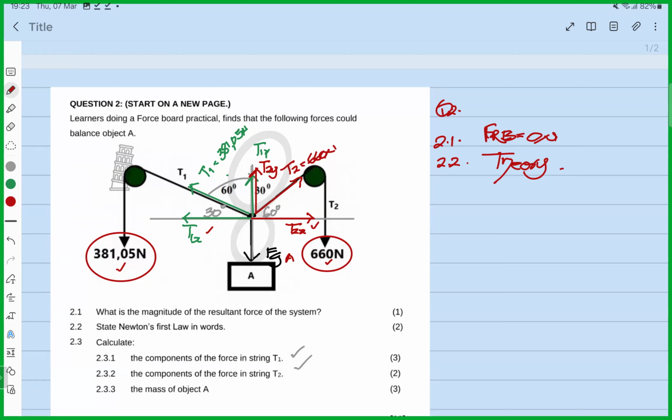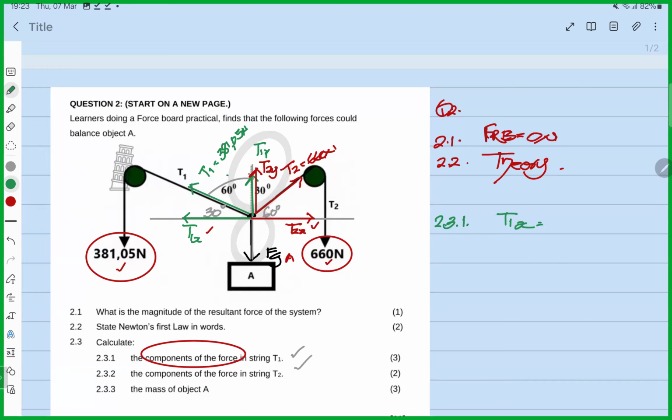Calculate the components of the force in string T1. They said components of the force. That means they wanted both the X and Y components of T1. So I'm going to do 2.3.1.